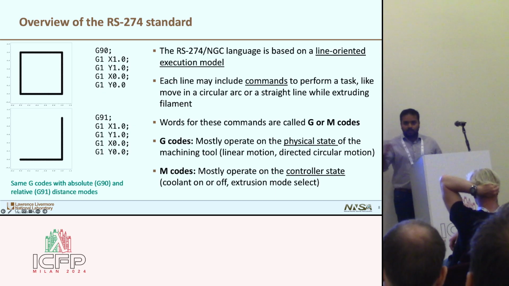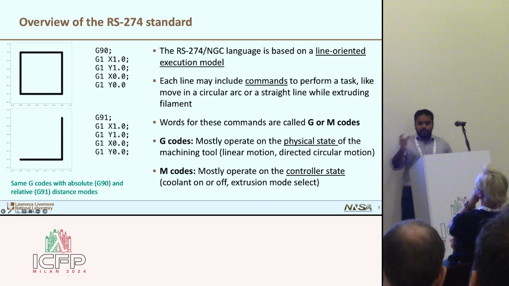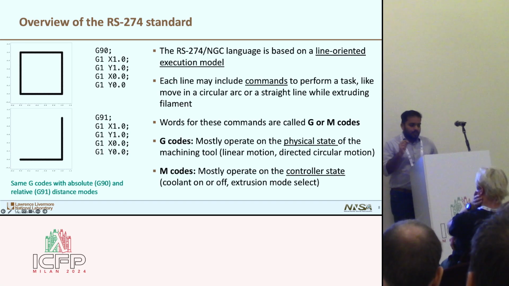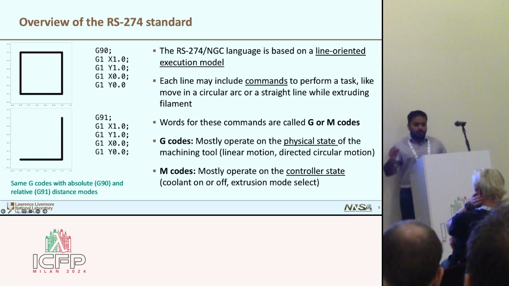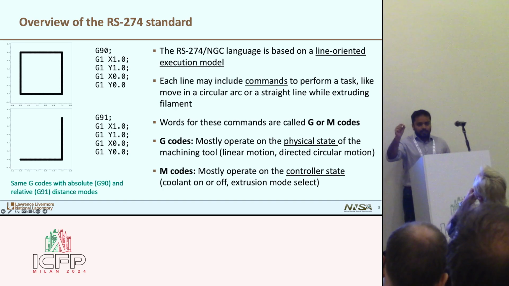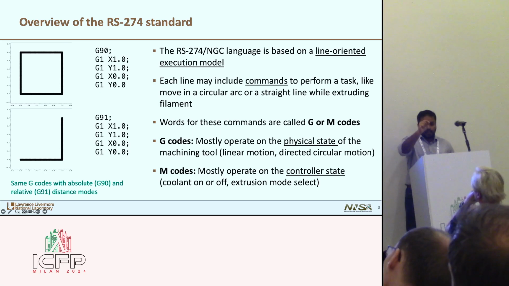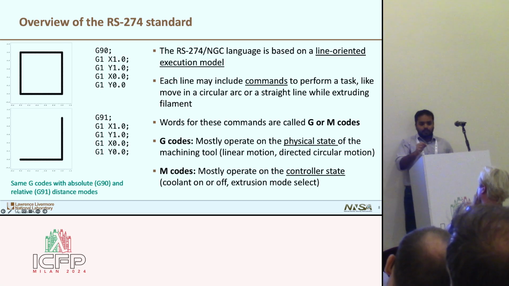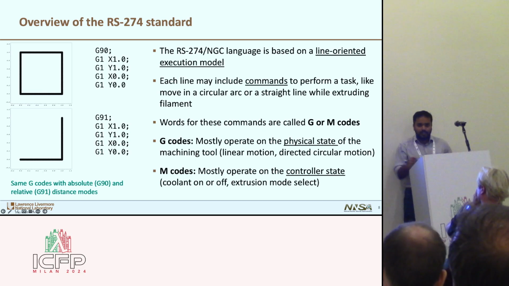So G1 stands for linear motion. Each G command has its own specific meaning. Then the printer head moves to 1, 0, then G1 Y1.0 moves the printer head to the coordinate 1, 1. G1 X0.0 moves it to 0, 1, and then G1 Y0.0 moves it back to the origin, 0, 0. So we have traced a square path.